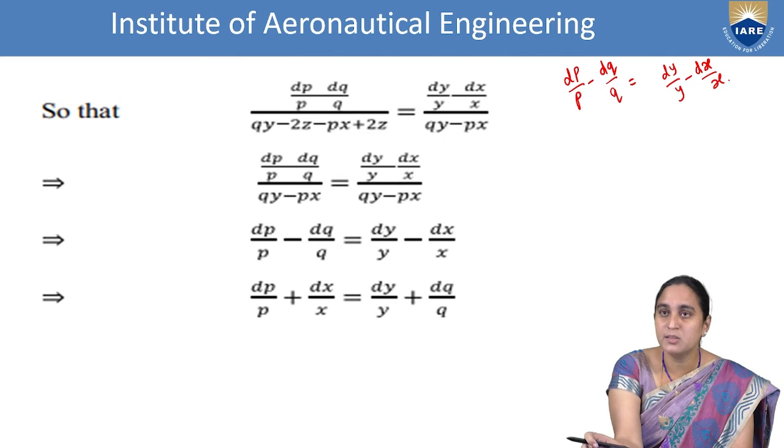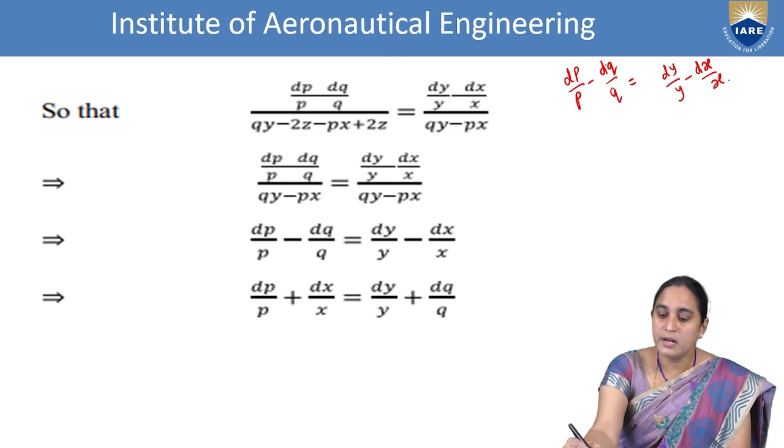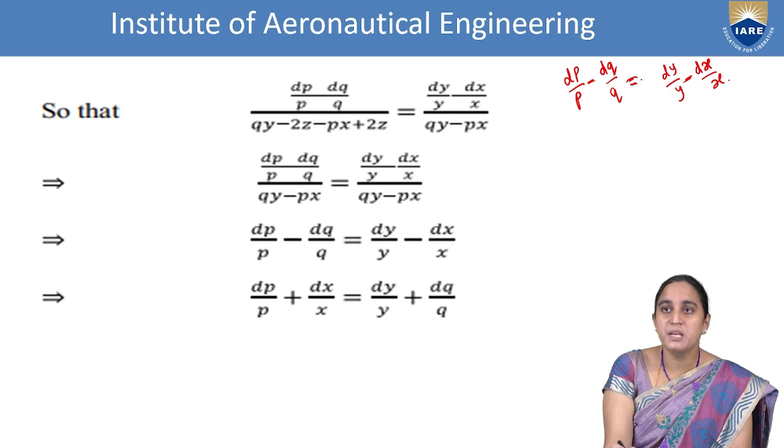So I take dp divided by p and dq divided by q, subtract the two, and equate with dy divided by y and dx divided by x subtracted. That is dp by p minus dq by q is equal to dy by y minus dx by x.